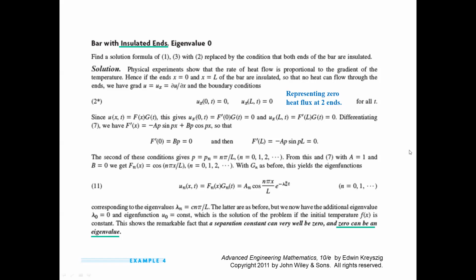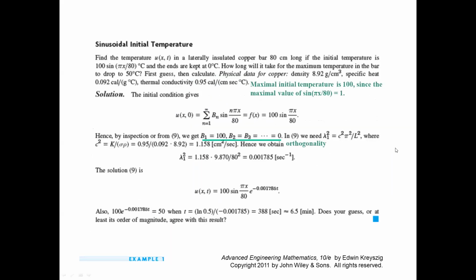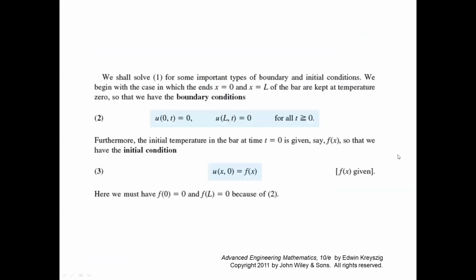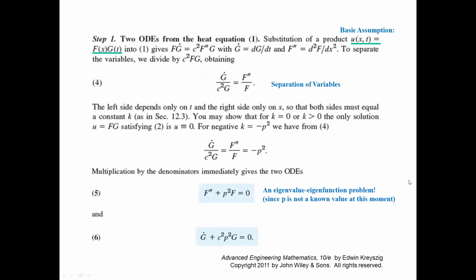Where is the breaking point from the solution for the last example? Do we have to go from the beginning? We know the boundary conditions are different. We can leave the initial condition sufficiently general. We can still use the same assumption.